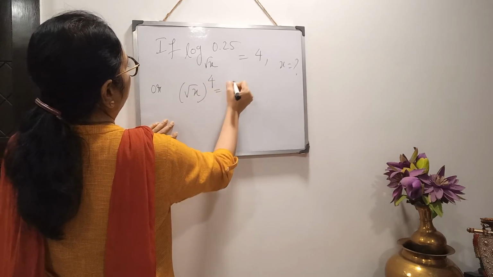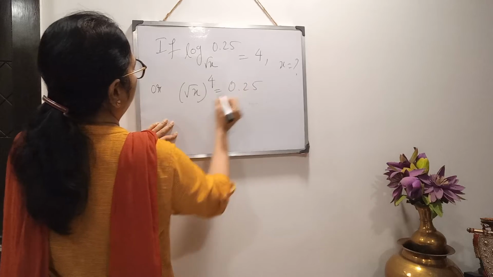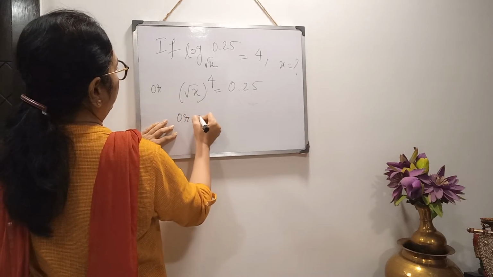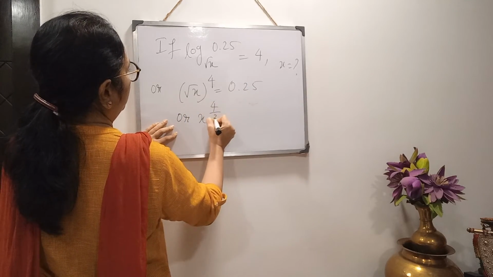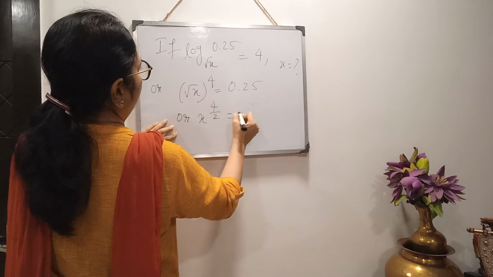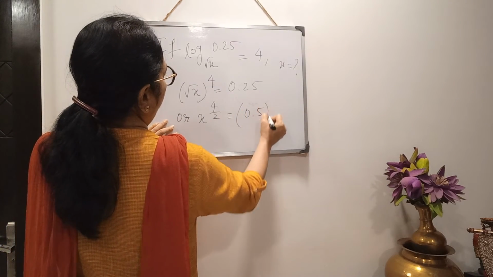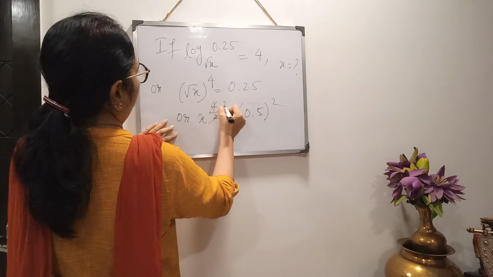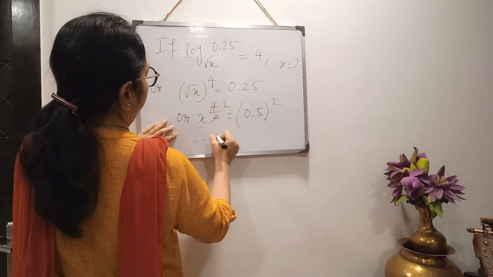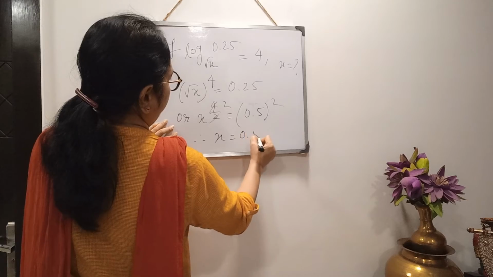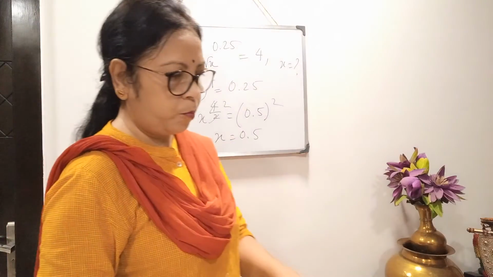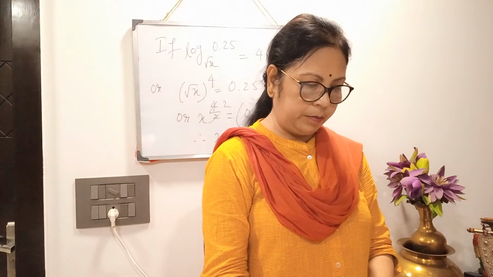Root x to the power 4 equals to 0.25, or x to the power 4 by 2, root x, and 0.25 means 0.5 whole square. Therefore power same, value of x is coming 0.5. Clear?